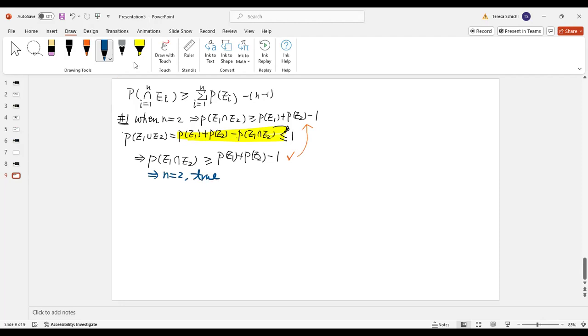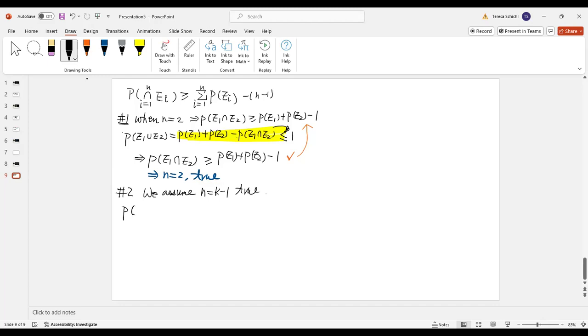The second step of induction: now we assume that when n equals k minus 1, it's also true.